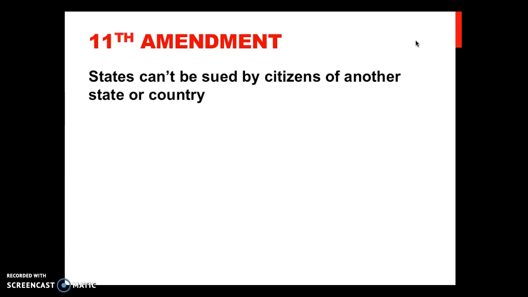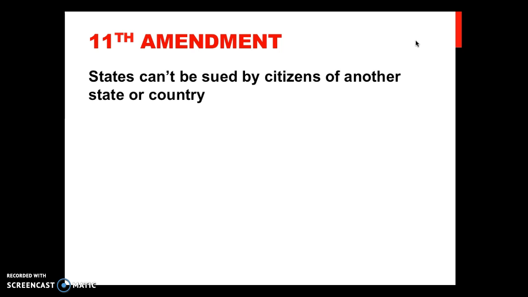So, rolling forward, 11th Amendment. This one deals kind of back to the idea of state sovereignty, that states have a right to exist without being interfered with by other states. There have been a few interpretations of this amendment, and it's not as relevant today. But the big idea with this one was citizens of another state or country can't sue another state in the United States.